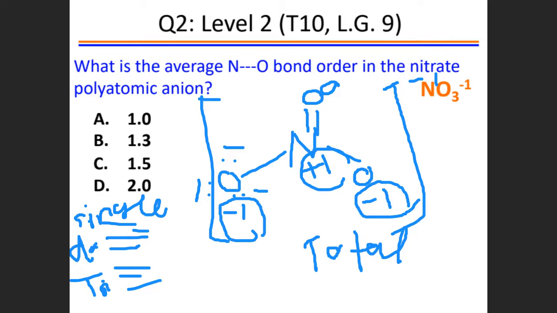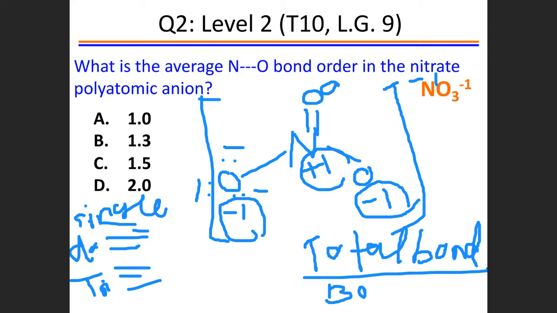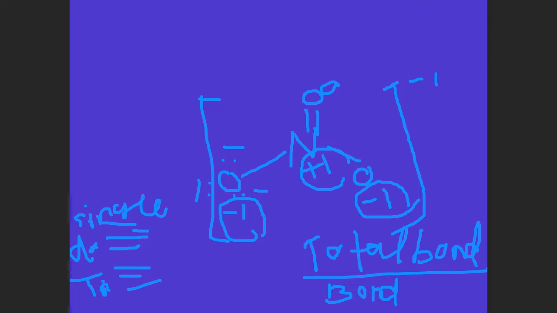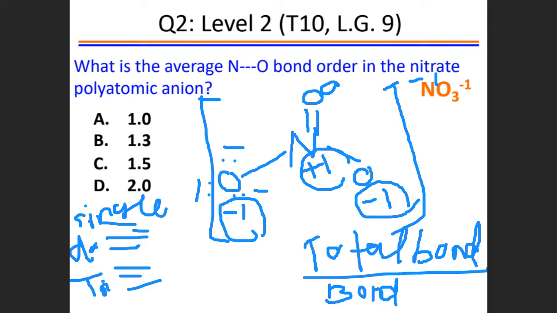You can also note it down here. This is also an easy way to calculate the bond order: the total bonds divided by the bond domain. Domain means how many atoms the central atom is bonded to, like nitrogen, oxygen. Here the total bond domain is 3. But how many total bonds?